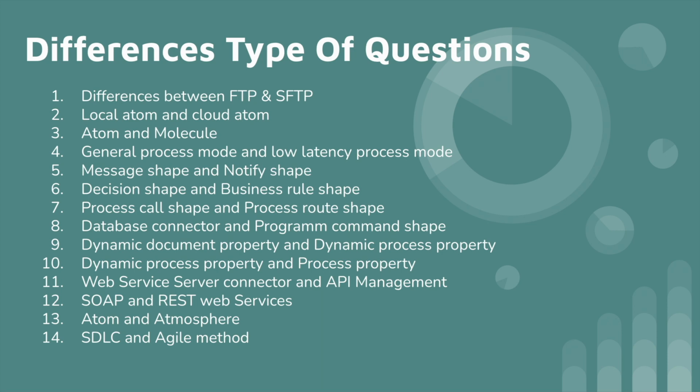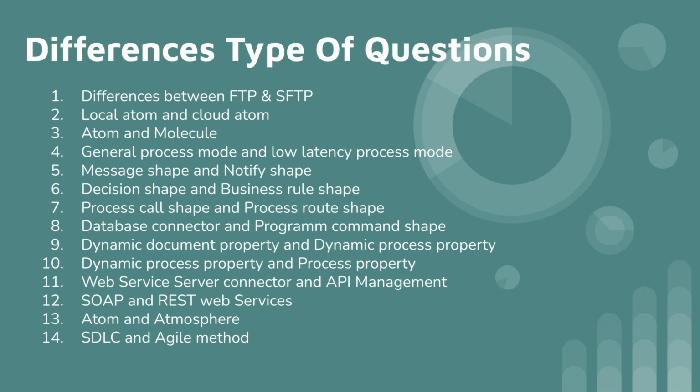And next we have differences between the dynamic document property and dynamic process property. So first you have to explain types of properties and then differences between the dynamic document property and then dynamic process property.